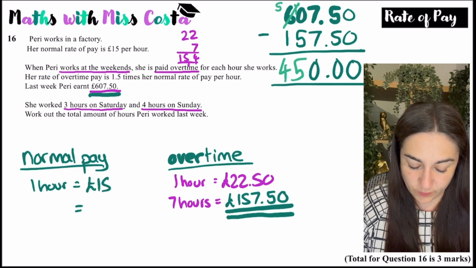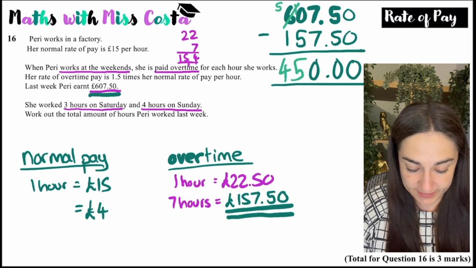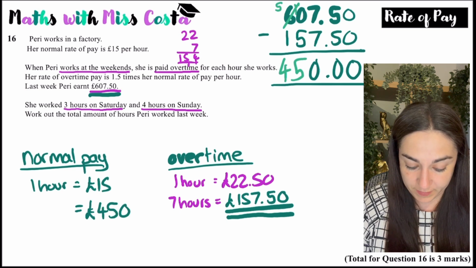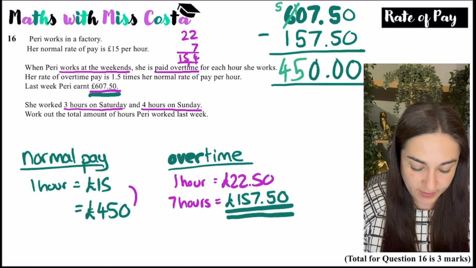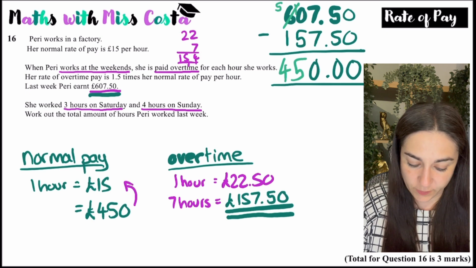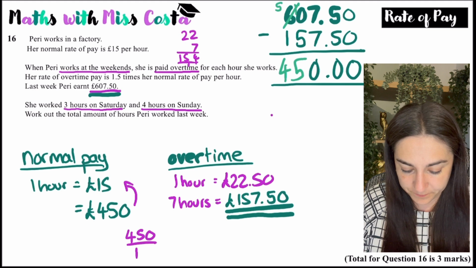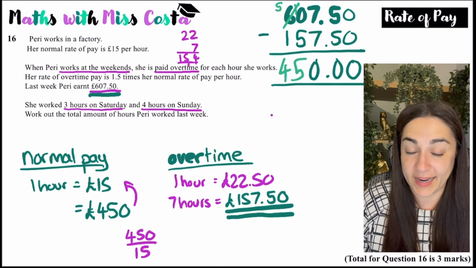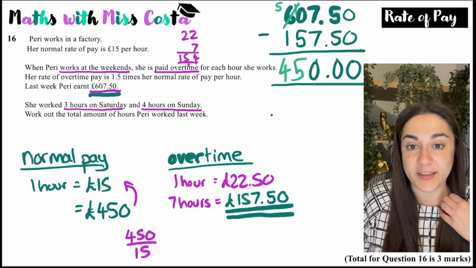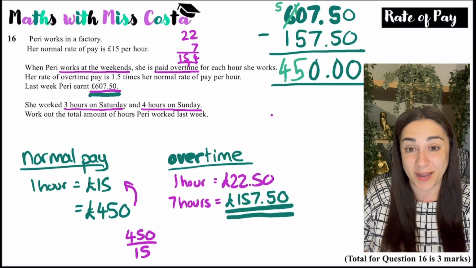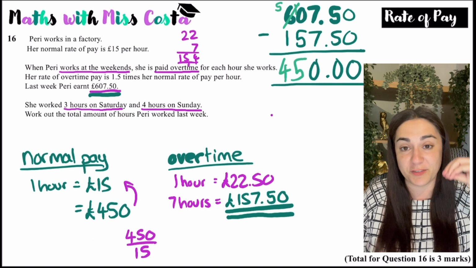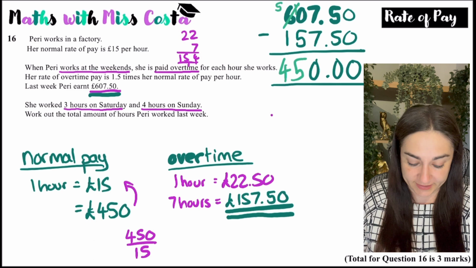And I know that she worked however many hours that produced £450. So what I can do is go backwards and do 450 divided by 15 to figure out how many hours she must have worked, because if for each hour that she works she gets paid £15, I do 450 divided by 15, that tells me how many hours she worked.